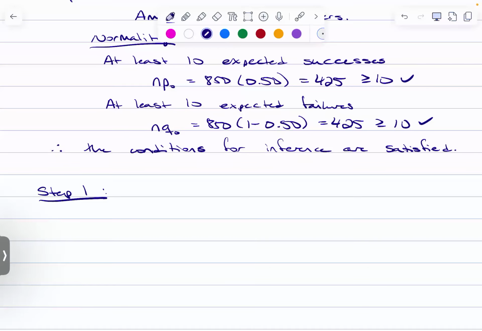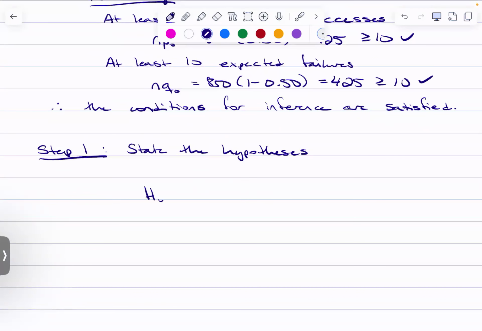Step one of your hypothesis test is always going to be to state your null and alternative hypotheses, or state the hypotheses. Even if you don't know where to start at all, how about starting here with a null hypothesis H0 with a colon, followed by an HA with a colon.